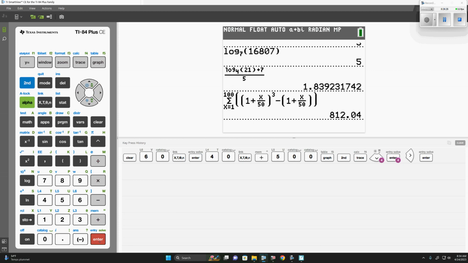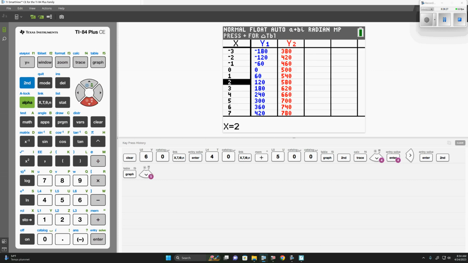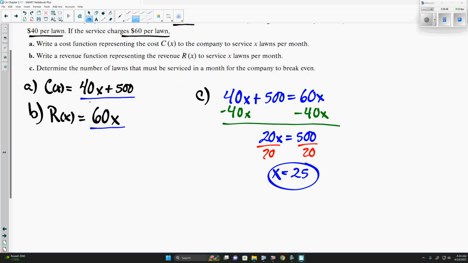It was too big of a change, outside the window for it to try to find it. But if we keep going down the table, at 25, they are the same. So at 25 lawns, they've made $1,500, but they've also spent $1,500. But that's it with that there.